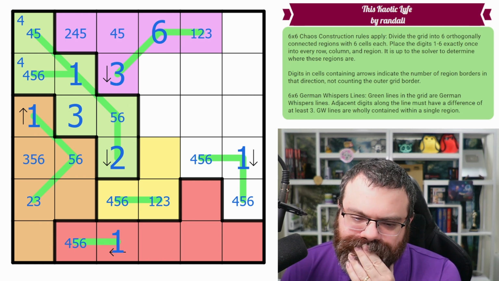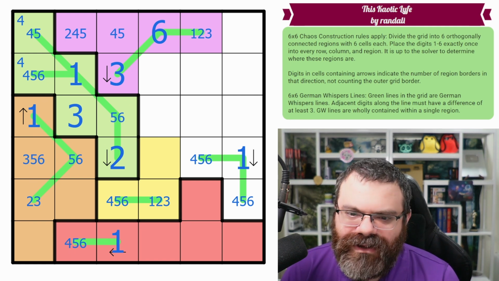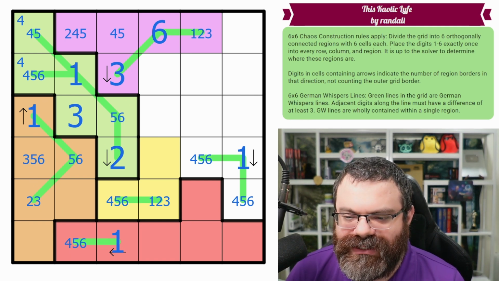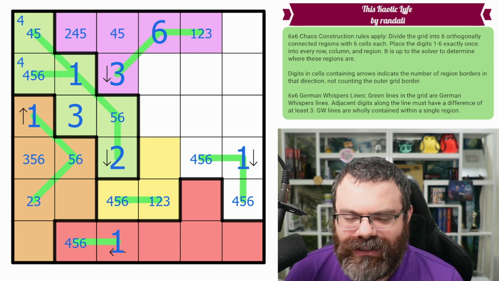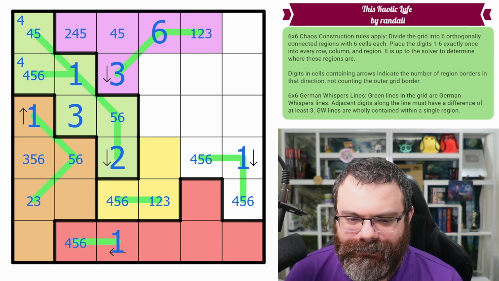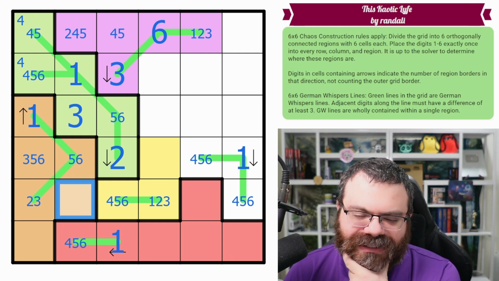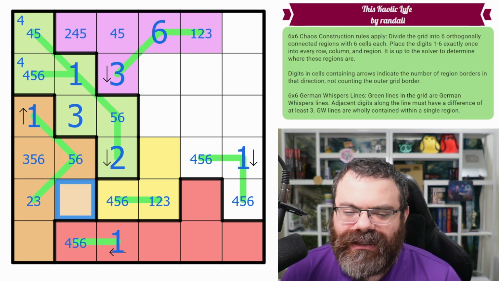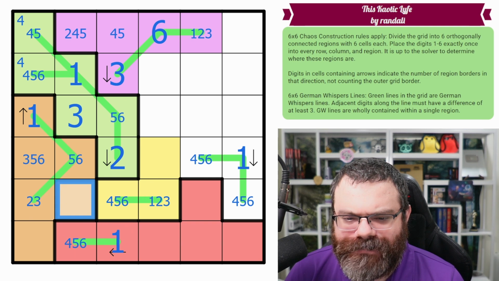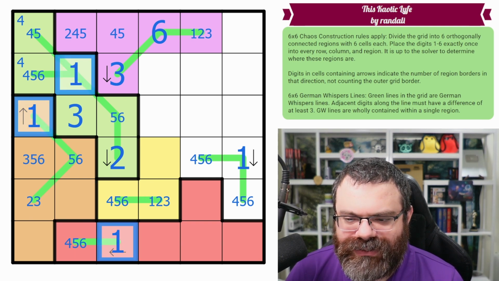I have all my German whispers marked up with pencil marks, so I definitely don't need to color low high. This column needs 2, 4, 5, 6, but there doesn't seem to be a restriction there. Let's see. We have 1s, a bunch of 1s.